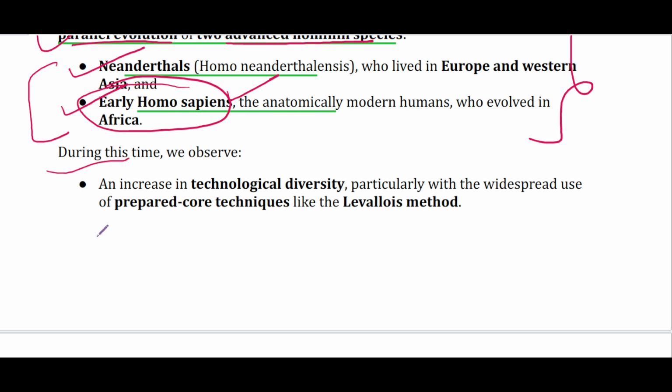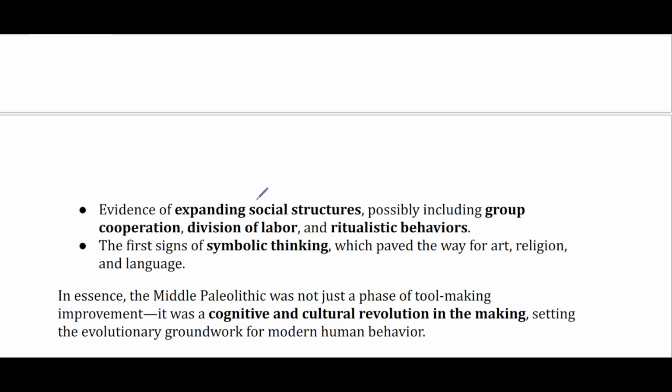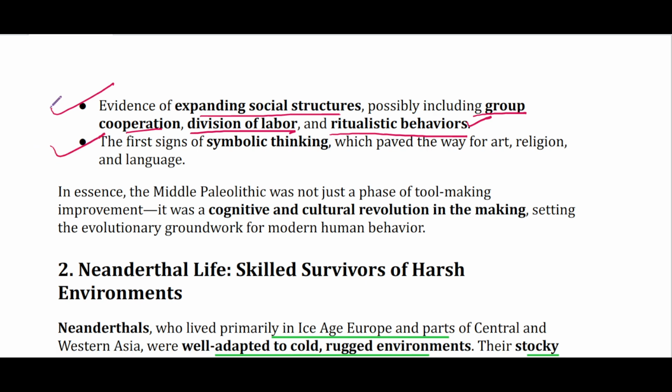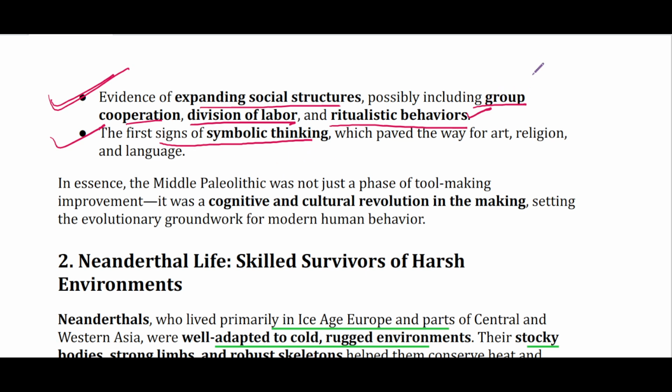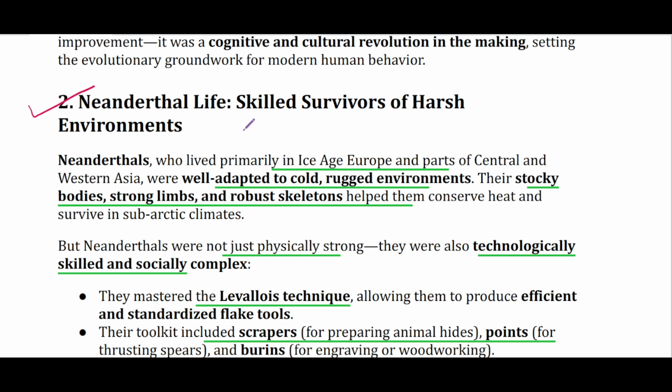And during this time, we also observe an increase in technological diversity, especially the Levallois method, the prepared core technique, then the expansion of social structure, group cohesion, cooperation, division of labor, and ritualistic behavior. And there is some evidence of first signs of symbolic thinking, which might have acted as a proto-art or proto-religion. Now, first have a look at Neanderthal life.